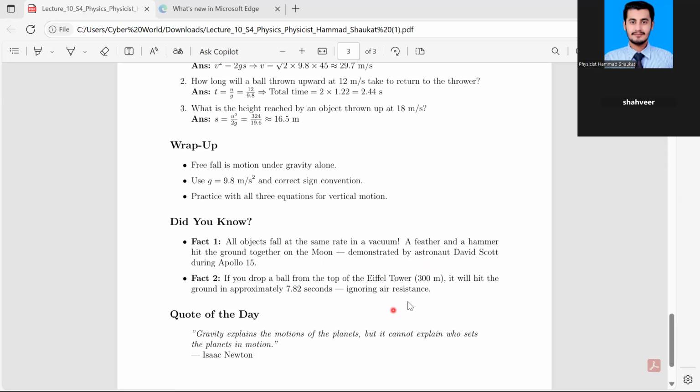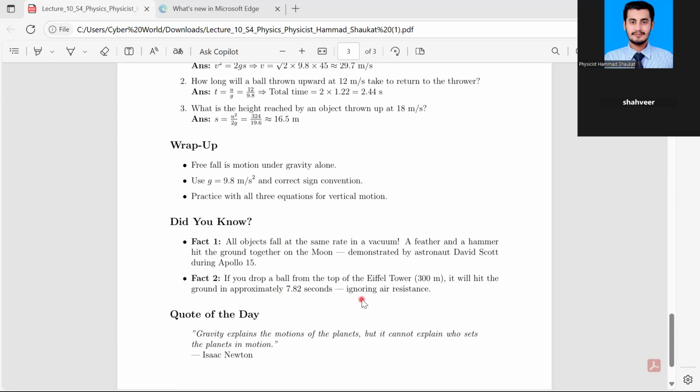This problem is solved by using the first equation of motion, because we know the height of the Eiffel Tower, which is 300 meters, and we know our initial velocity. And whenever our ball drops, we can easily calculate how much time it takes from the top of the Eiffel Tower to the bottom.